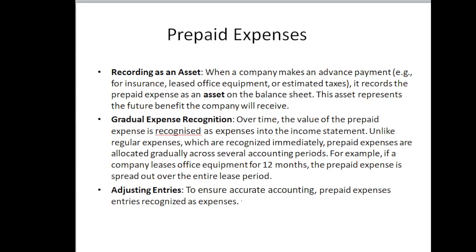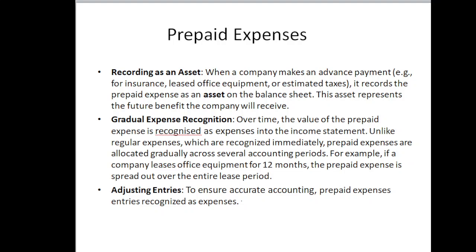Gradual expense recognized. Over time, the value of the prepaid expenses is recognized as expenses in the income statement. Unlike regular expenses which are recognized immediately, prepaid expenses are allocated gradually across several accounting periods.